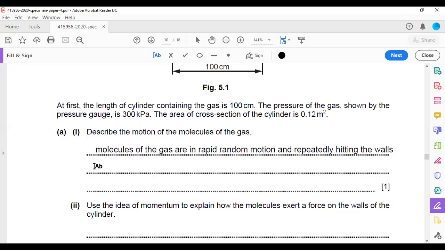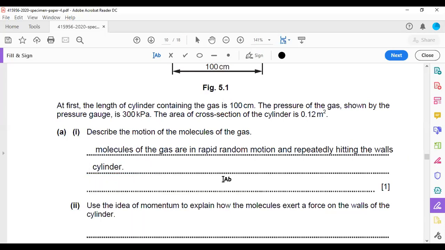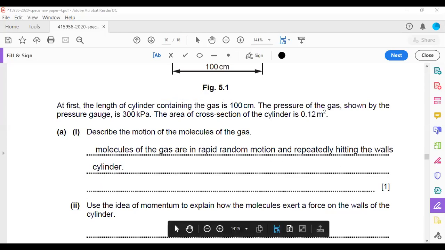We're not going to say container, because it was not container. It was the walls of the cylinder. We're going to use the word cylinder because that's what they had in the question here. Good. So describe the motion of the molecules of the gas: molecules of the gas are in rapid random motion, repeatedly hitting the walls of the cylinder. Good. So that's the answer.